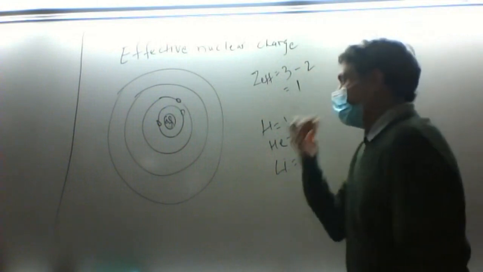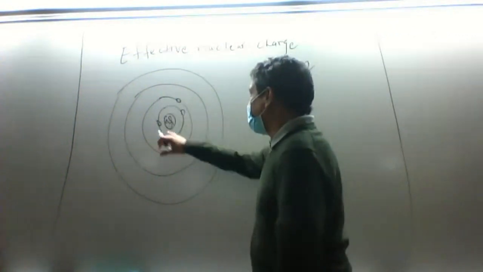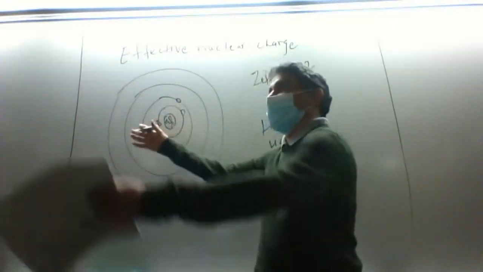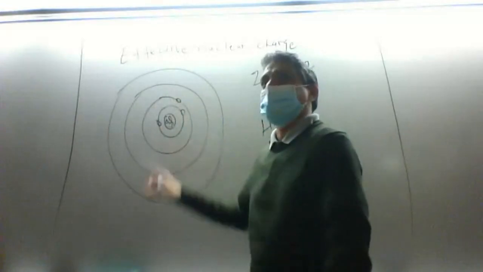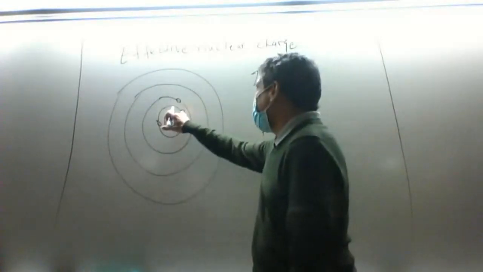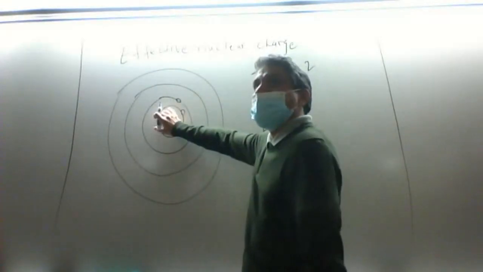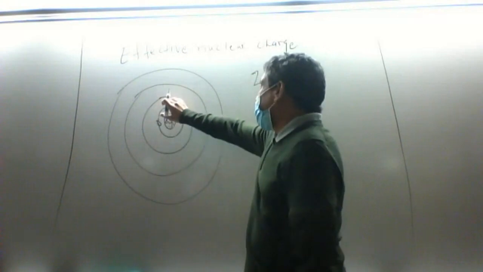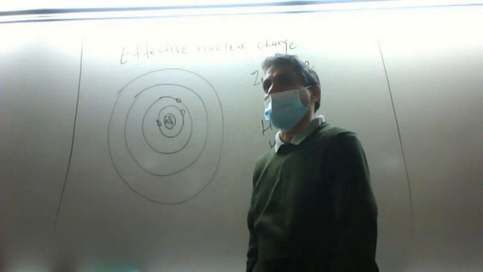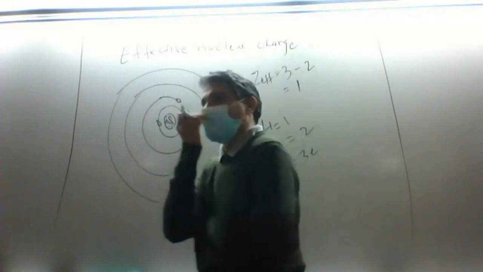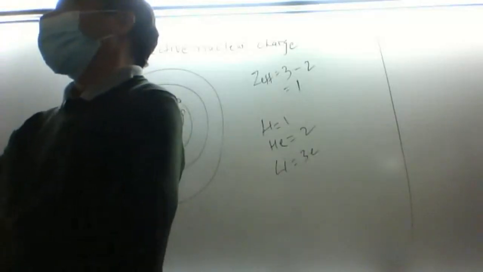So you may think that, okay, this electron is negative, there are 3 protons, so 3 protons are pulling this electron toward themselves with all their strength, but that doesn't happen because these 2 electrons already block some of the charge, and this electron cannot feel all 3 protons here. It just feels 1 proton. Sometimes you can experiment with a magnet. If you put a big block and one magnet up and one magnet down, they don't attract that much.